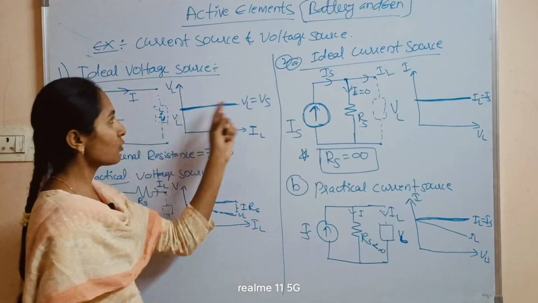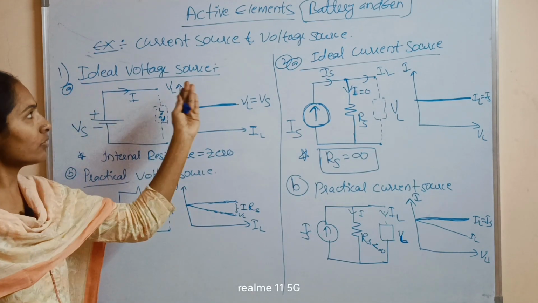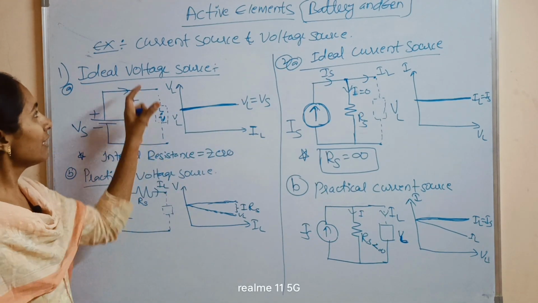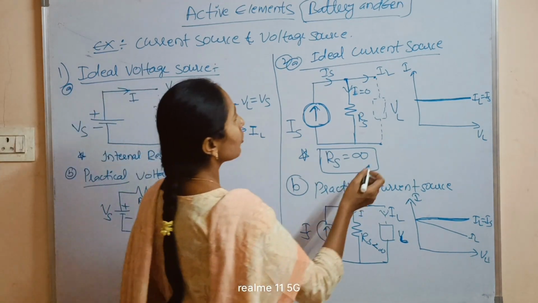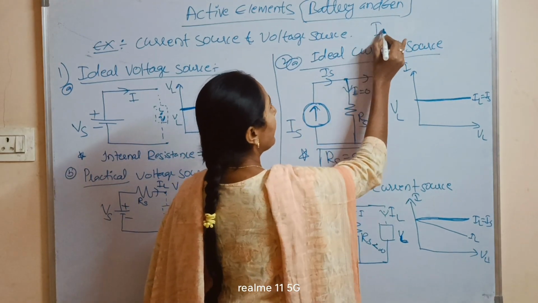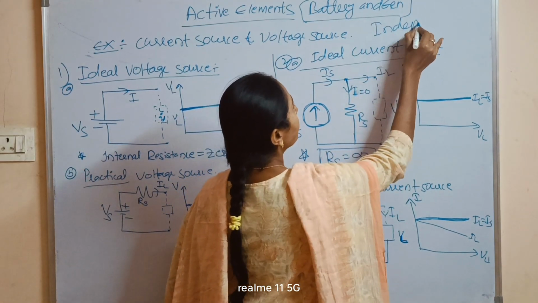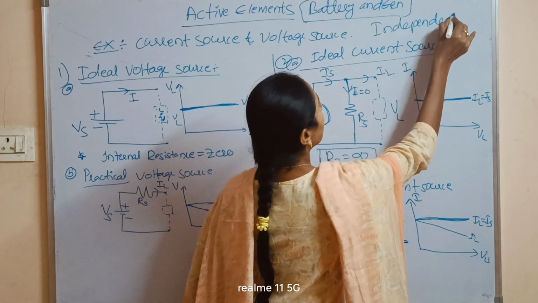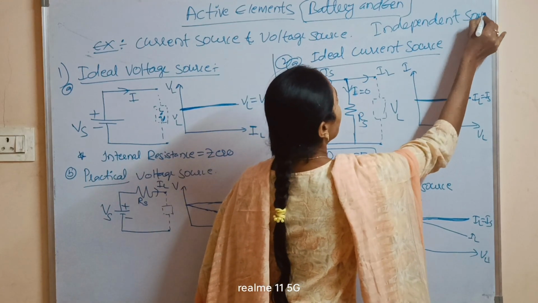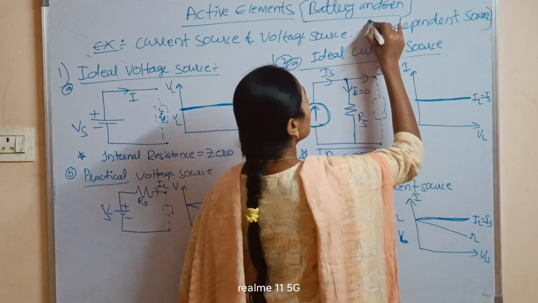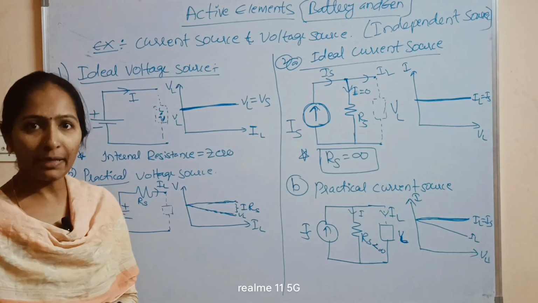These two, the current source and the voltage source, are also called independent sources. Another type is dependent sources.